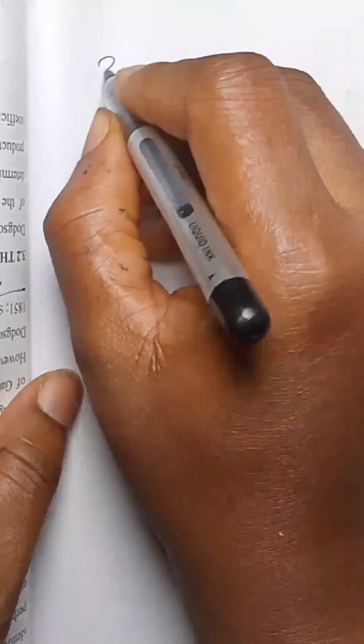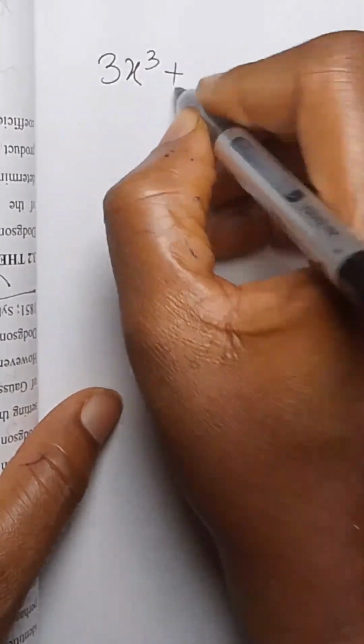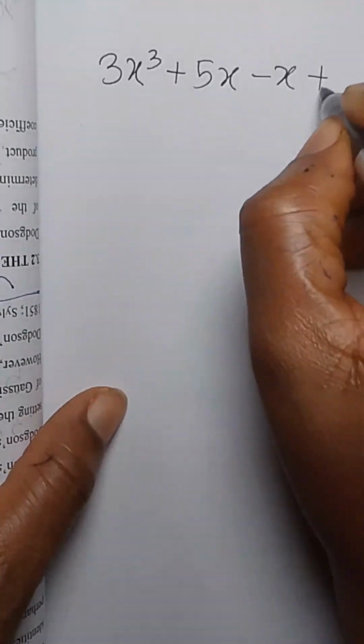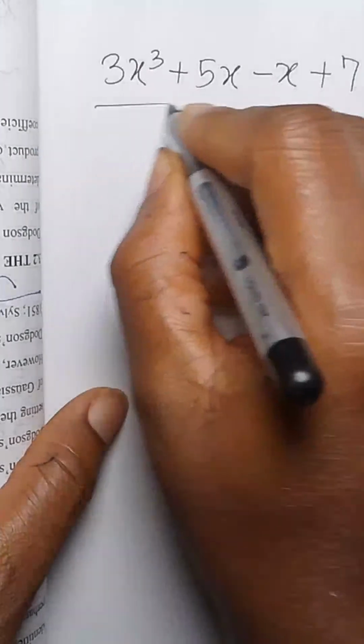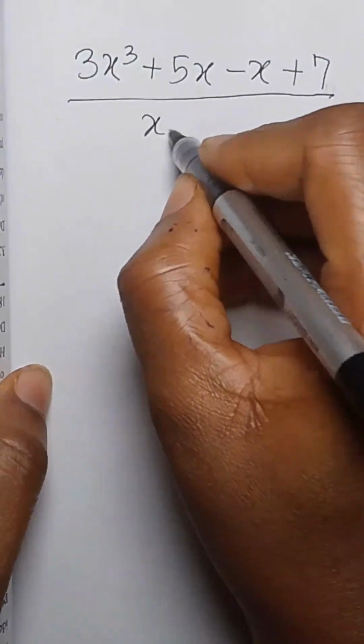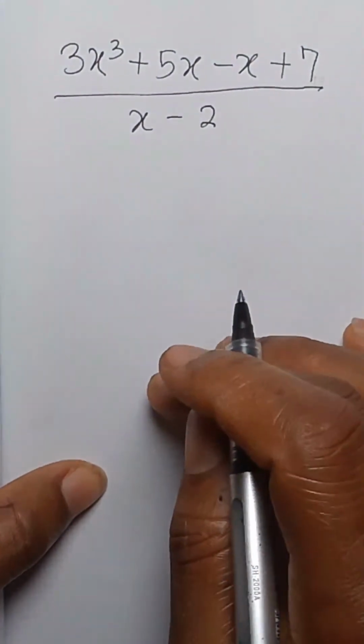So we are dividing 3x cubed plus 5x squared minus x plus 7 all over x minus 2. All right.